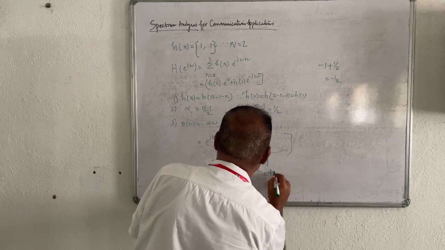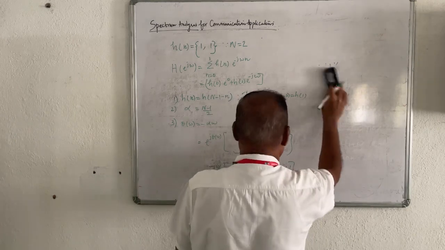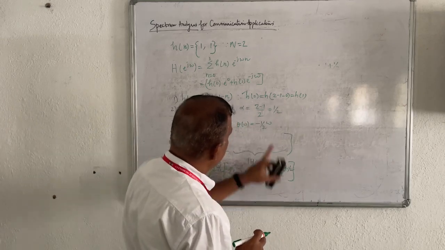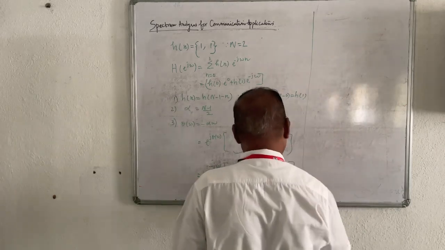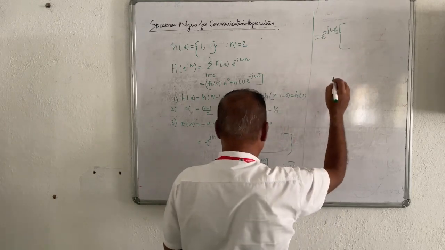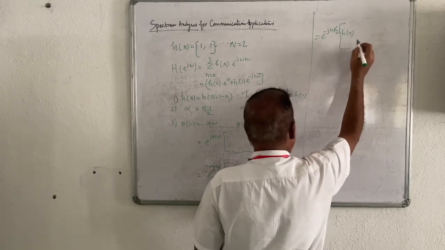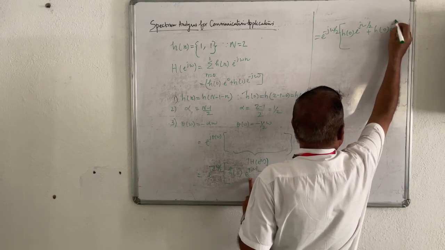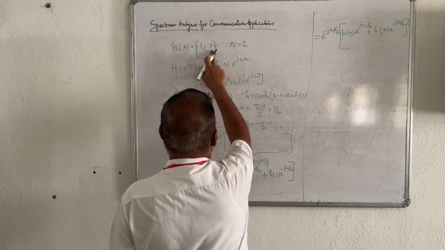So h of 1 e power minus j omega by 2. And what is h of 0? h of 0 is h of 1. Similarly, h of 1 is equal to h of 0. So I can rewrite this equation as e power minus j omega by 2 into h of 0 e power j omega by 2 plus h of 0 e power minus j omega by 2. And what is h of 0? h of 0 is 1, h of 1 is 1.